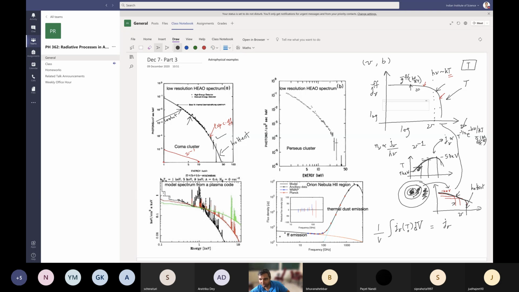Which is this, sorry, not that. That's just a single temperature prediction. So that's why this is slightly steeper than nu to the -1 that's expected. Okay, so this is this. Any question?